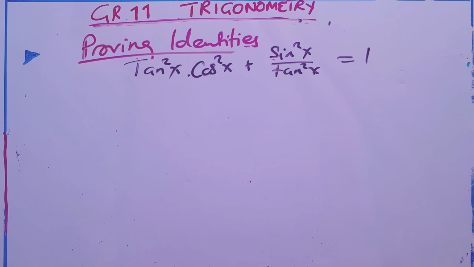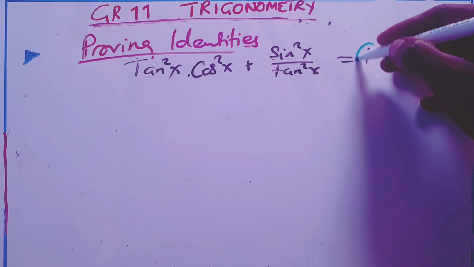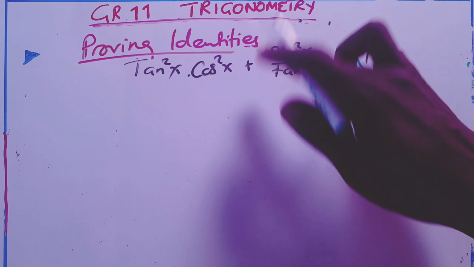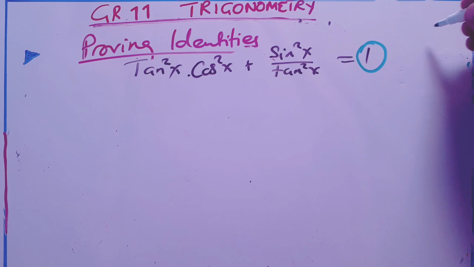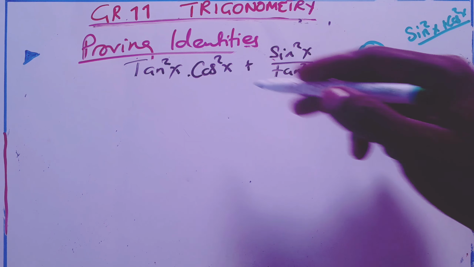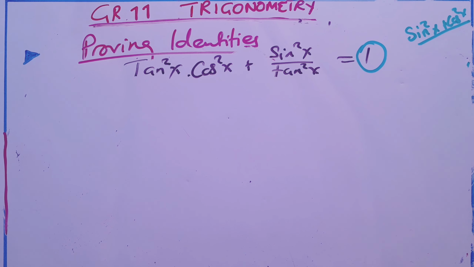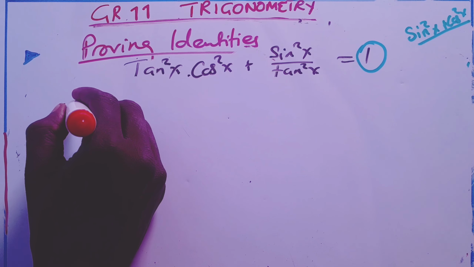So if you are asked to prove that something is equal to 1, either everything here must cancel out, or everything else there must be sin squared x plus cos squared x. So if you can have a situation like this on that side, then it means that it is equal to 1. So let's try to prove that. And again, this is our complicated side, right? So we've picked up our left hand side.